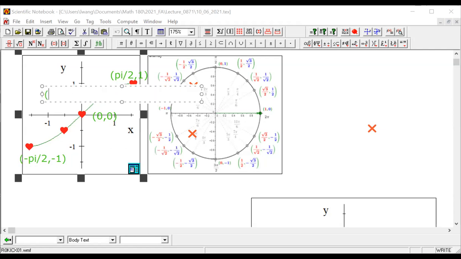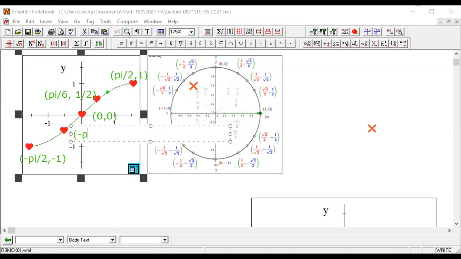I deliberately chose some points that are maybe a little easier to identify. And this other one will be negative pi over 6, comma, negative half. Okay, so come back. I'm closing the room. So these are the points. You certainly can mark more. I'll give you homework to mark more.